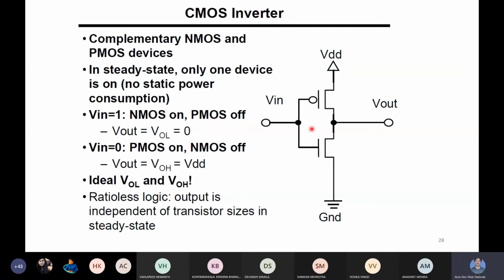The NMOS will become on, since you are giving high. Therefore this output point gets a low resistance path, directly connected to ground. So it will show 0, though you have given logic 1 here.